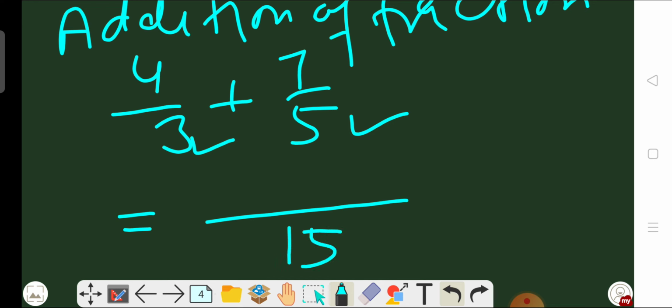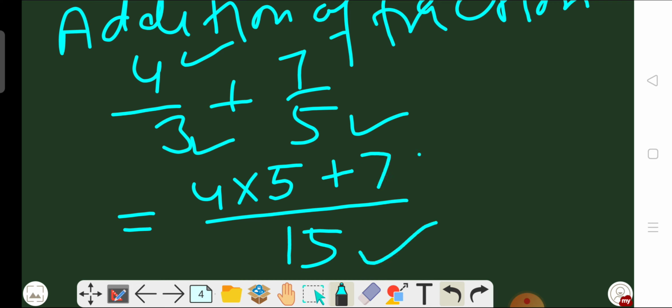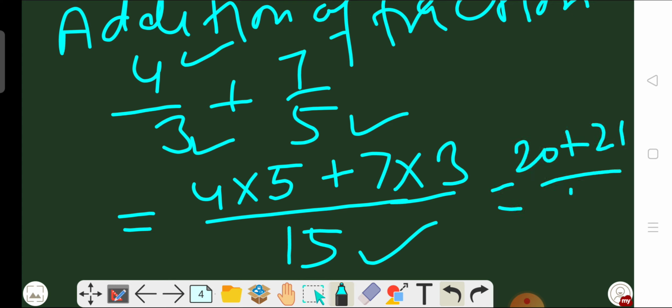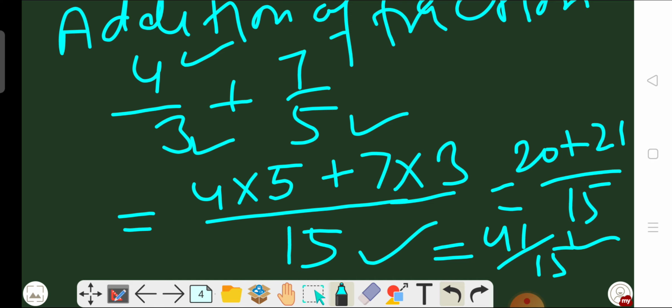When you divide 15 by 3, you will get 5, and you have to multiply that 5 to the numerator, that is 4. Put the same sign, divide 15 again by 5, you will get 3, and multiply that 3 to 7. This will become 20 plus 21 by 15, and this is equal to 41 by 15. This is the addition of two given fractions.